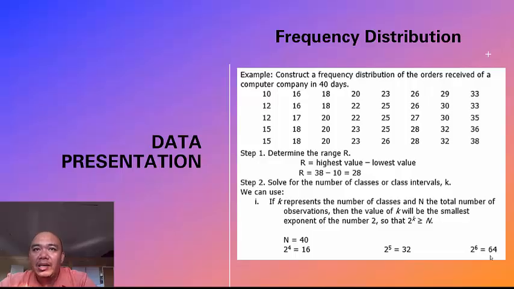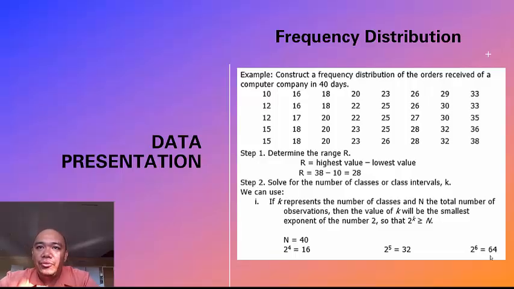First, determine the range. Since this data is already arranged, the lowest entry is 10 and the highest entry is 38. So highest score minus lowest score, that is 38 minus 10, and that is 28. So the range is 28.